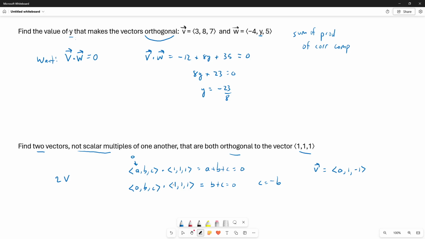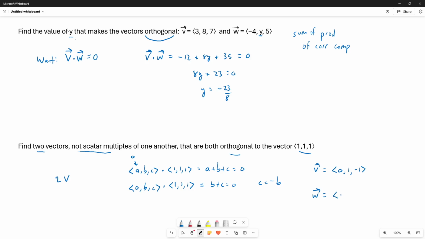And now I think having done that, we could probably just guess at some other vectors that are not multiples of this one, that are going to be perpendicular or orthogonal to this one, just by picking a different variable to be 0. If we had B equal to 0, then we would have had A plus C here.